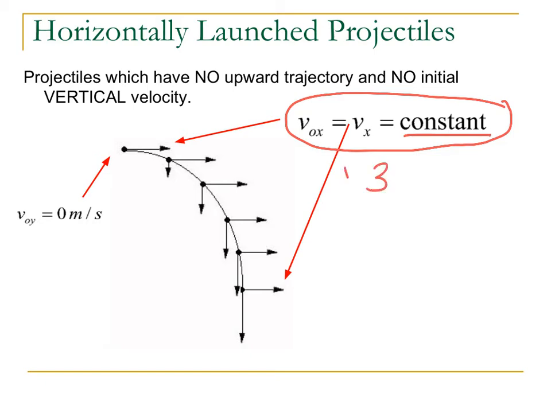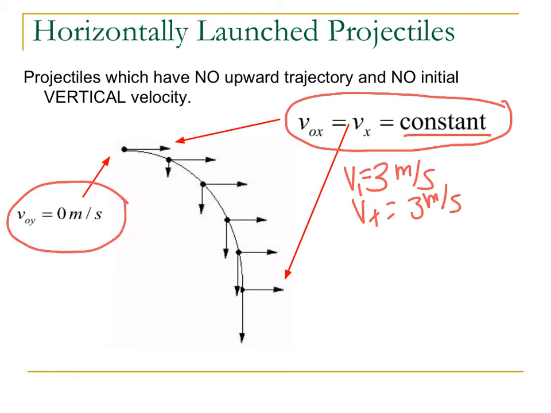So if it starts out at 3 meters per second, our final will be 3 meters per second. However, in the y, our initial velocity will always be 0 meters per second. We will also have our acceleration equal to negative 9.8 meters per second squared.